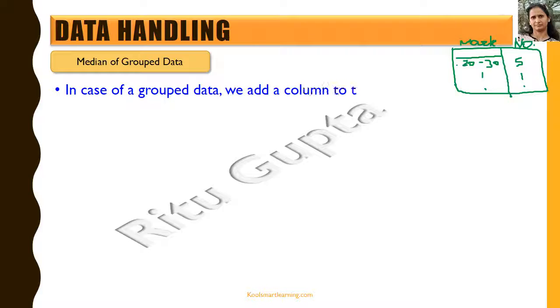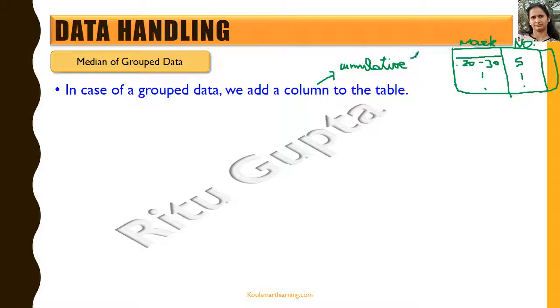Now we'll first of all add another column to it, which will have the cumulative frequency. Now what do we mean by cumulative frequencies? We keep on adding the frequency to the previous row in the same column.